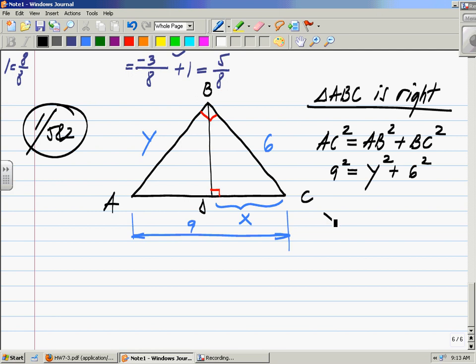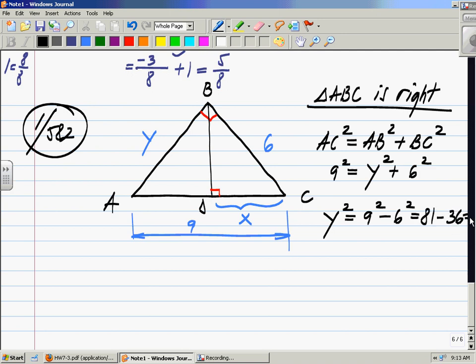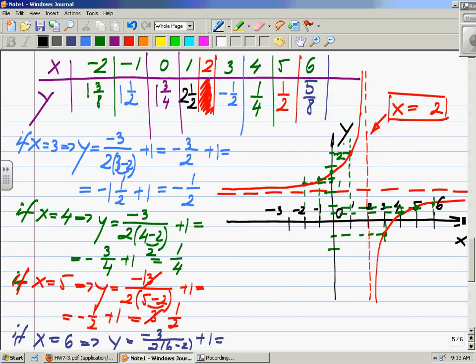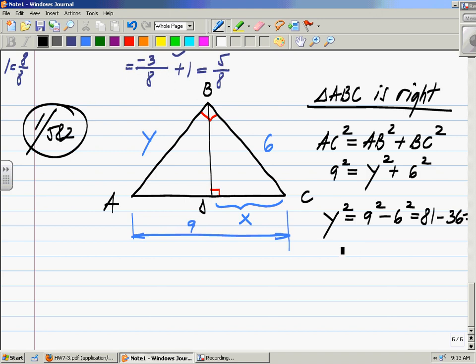So you have y squared equals 9 squared minus 6 squared, and that will be 81 minus 36. And that makes your y squared equal to what? 45. To find y, you will take the square root of both sides.